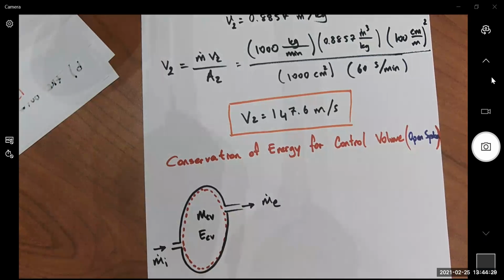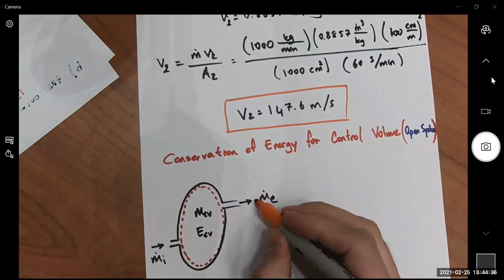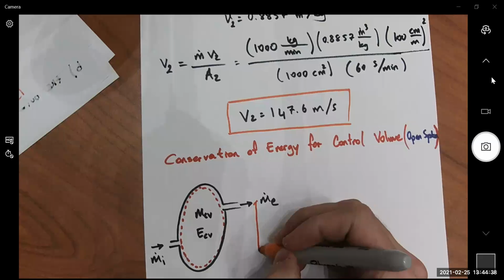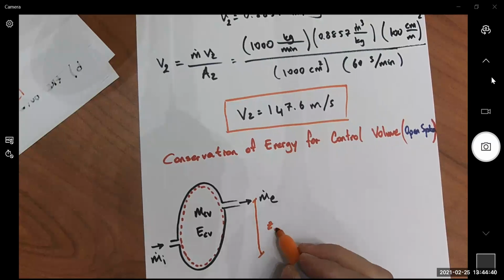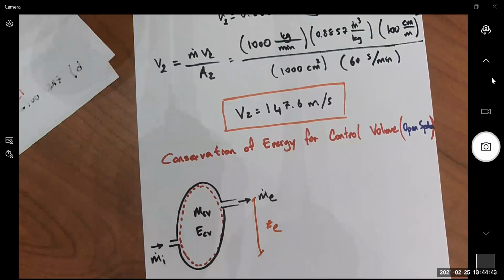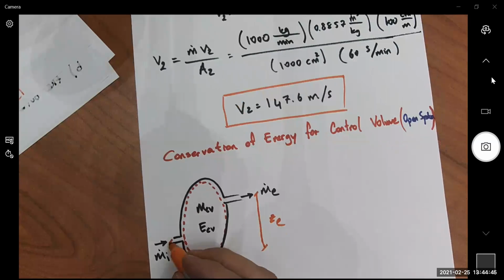And also we have elevation difference: elevation at the exit and elevation at the inlet. Remember, we were neglecting potential energy, but we have potential energy because of elevation difference.